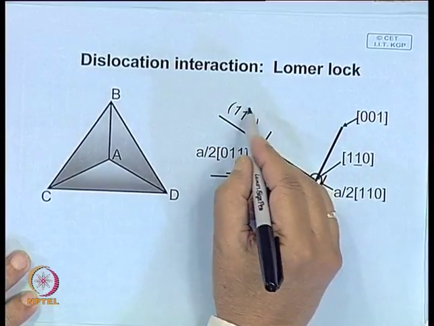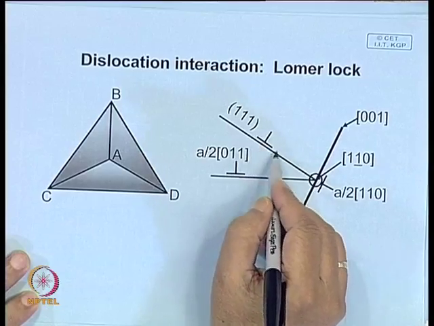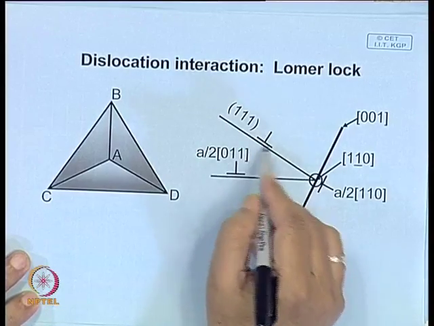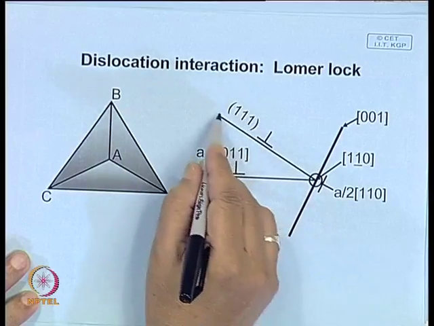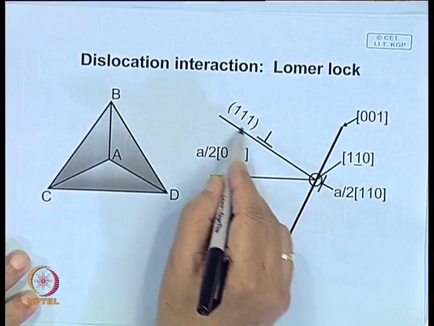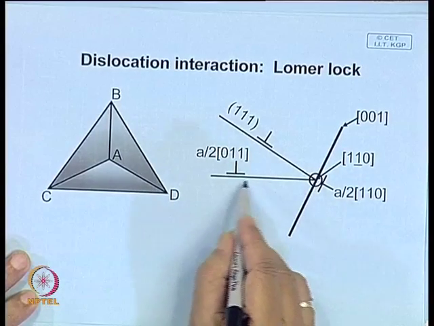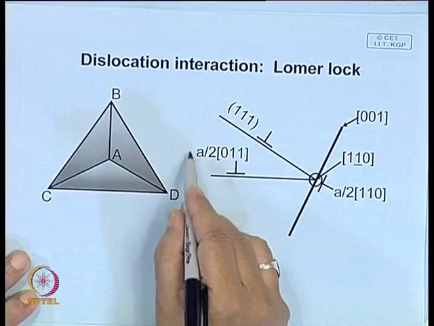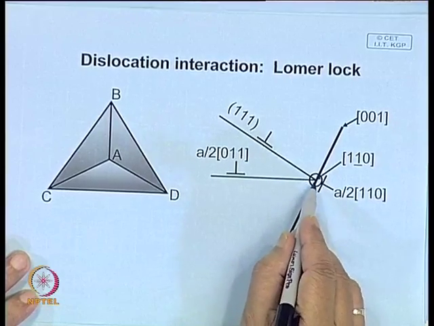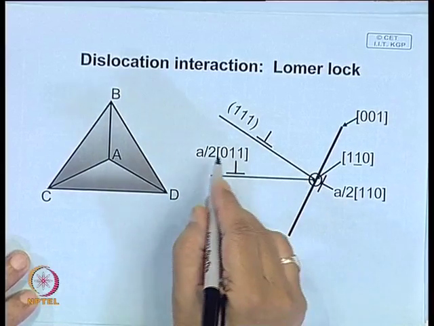This is a plane 1 1 1. Here is a dislocation, although I have represented it by an edge, it is not necessarily an edge dislocation. We can consider, suppose this is a mixed dislocation. I just represented it like this, and if it is moving along this, it comes here. Another dislocation whose Burgers vector is this is also moving along this, and when they meet together, what happens? So, what can we write?